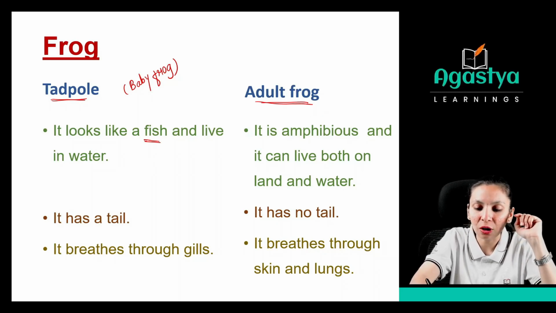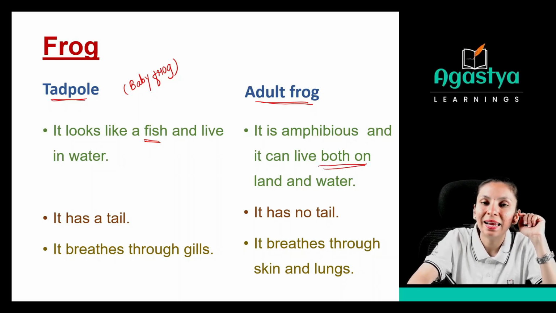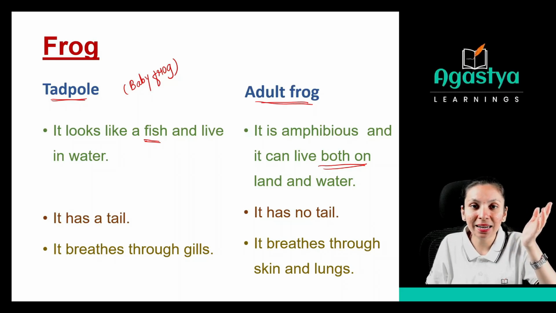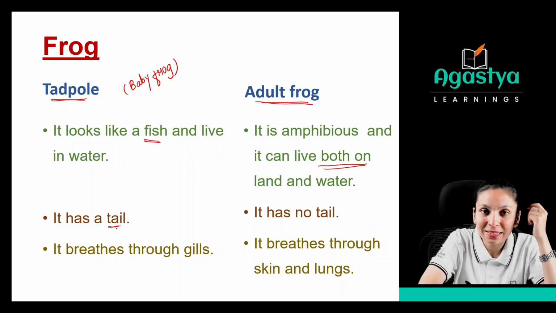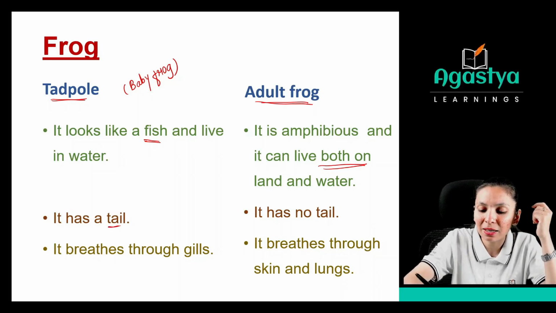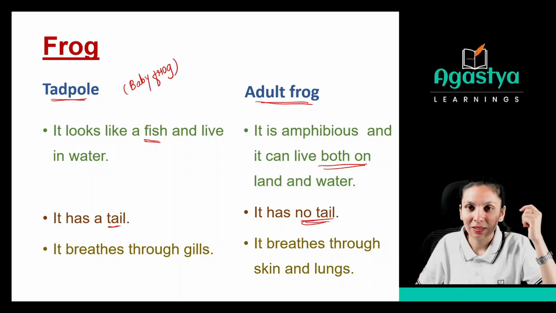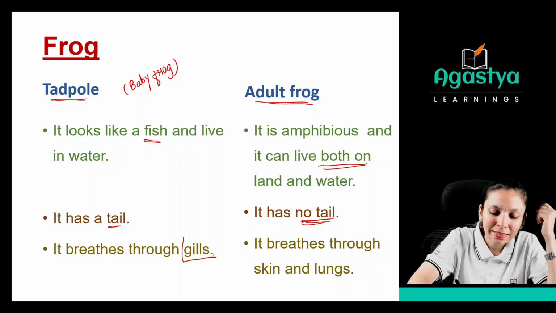But the adult frog is amphibious and it can live both on land as well as in water. This baby frog has a tail-like structure, but as it becomes an adult, it does not have any kind of tail-like structure. Okay?